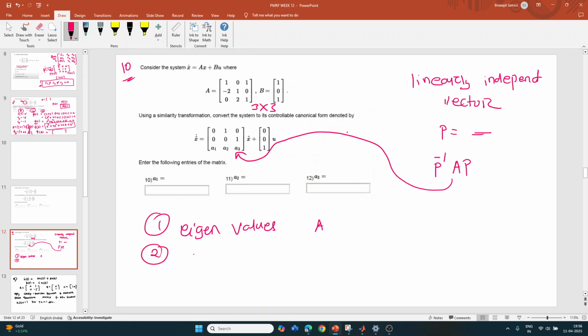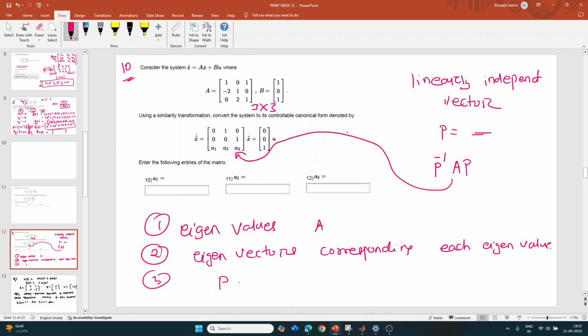Second step, you need to find the eigenvectors corresponding to each eigenvalue, and from there you form a matrix P. These are called the linearly independent vectors corresponding to each eigenvalue. Whatever eigenvectors you got, you write down here as column vectors.